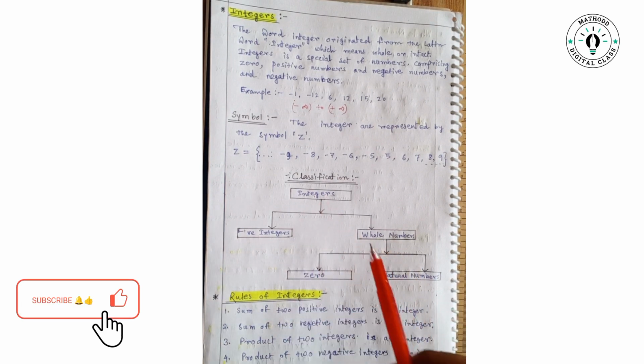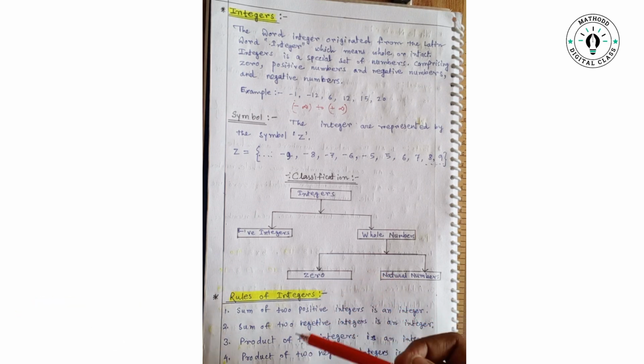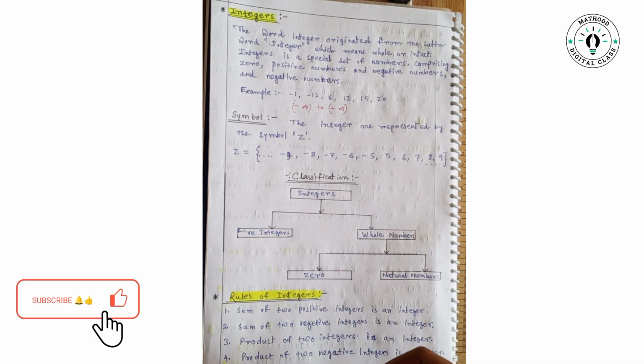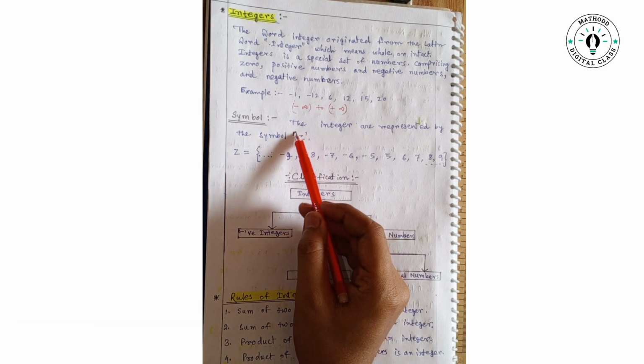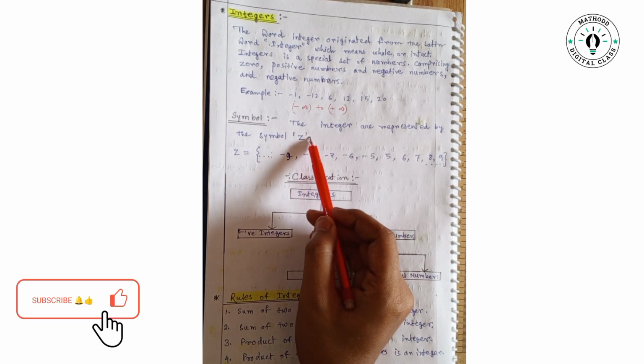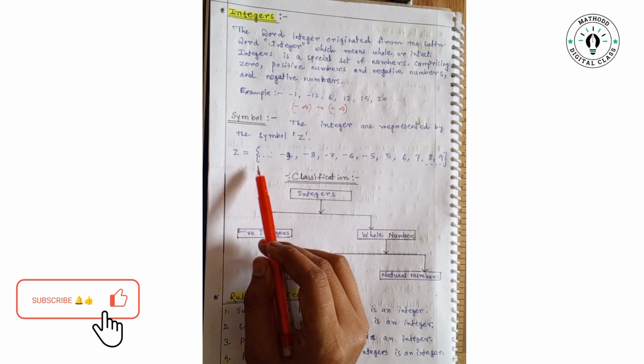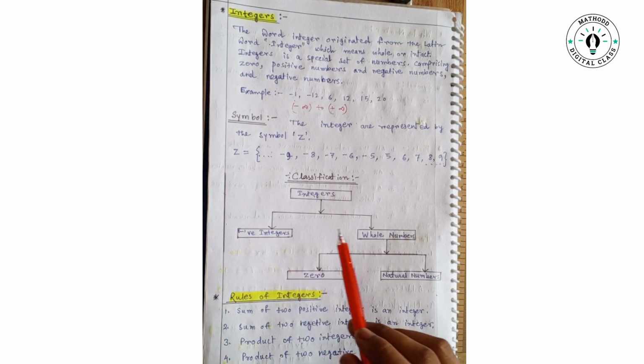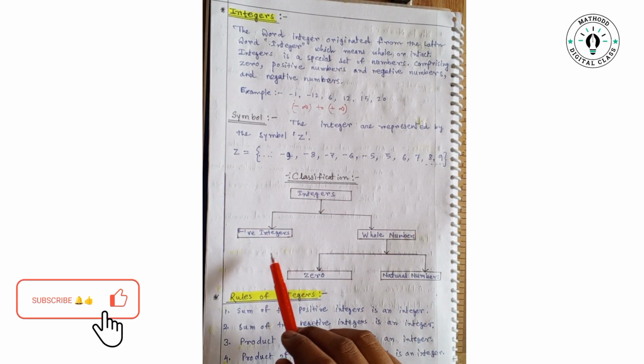Now we have to know the symbol, how we will represent the integers. I have already written here the capital letter Z. Z represents integers.